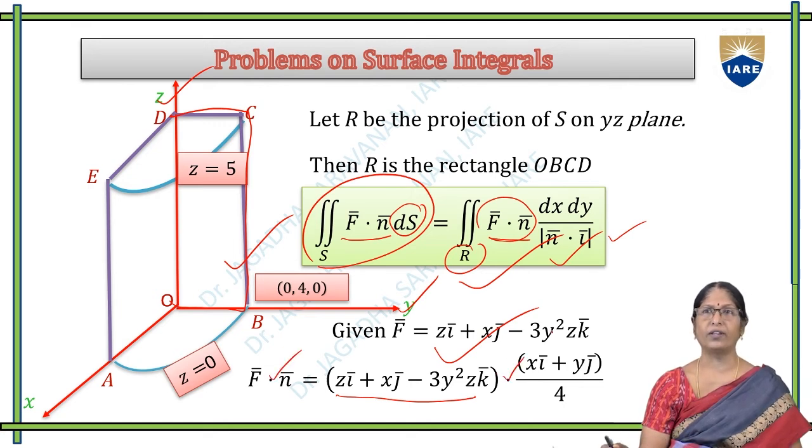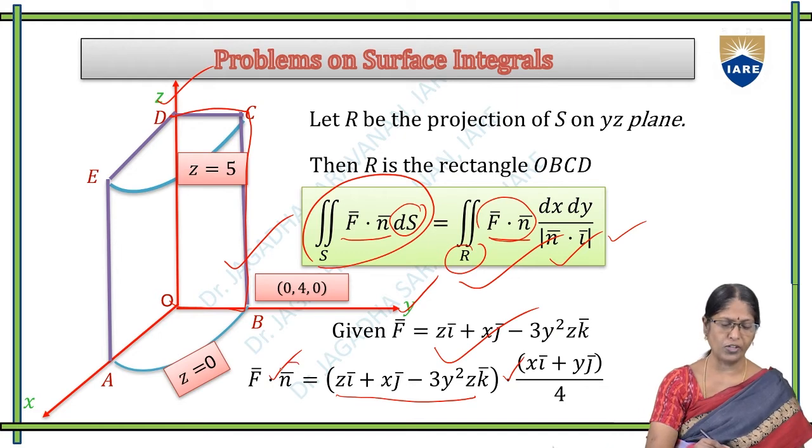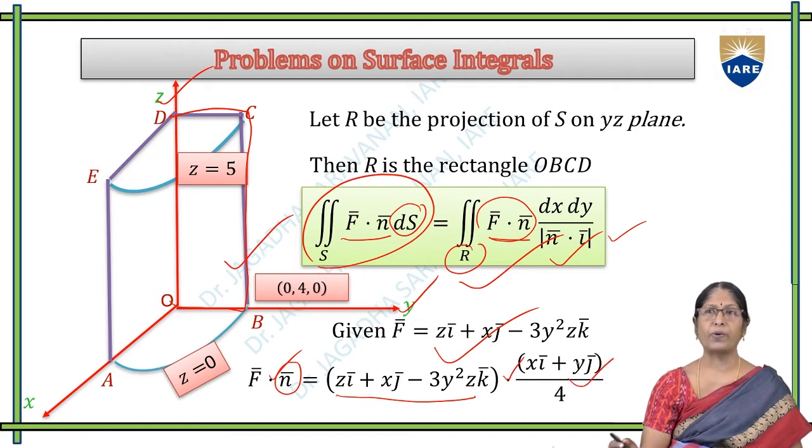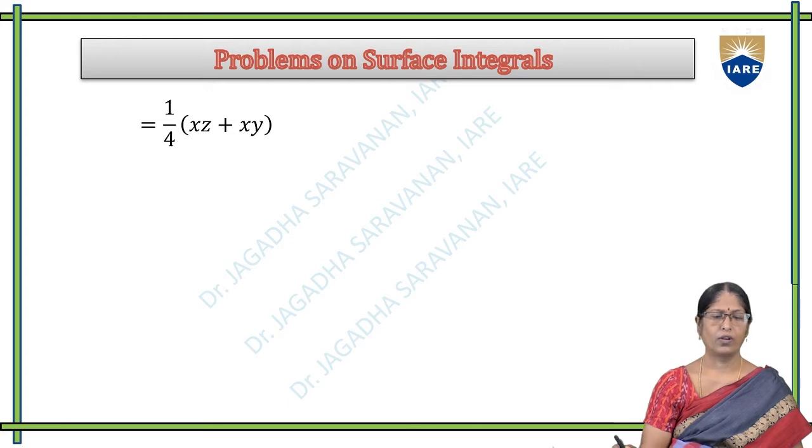Already we discussed how we got the unit normal vector, this is the result we obtained. So in that place we are substituting xi plus yj divided by 4. So the dot product we have done.